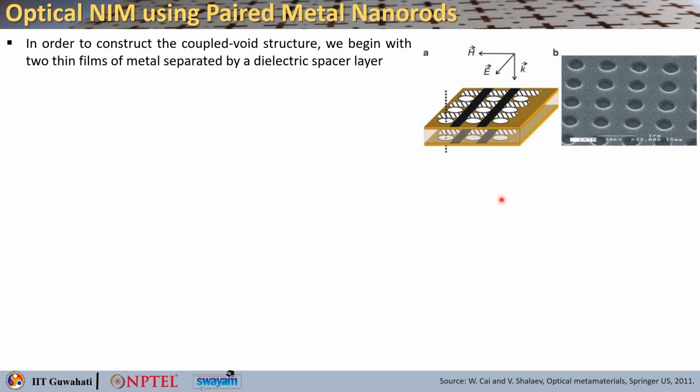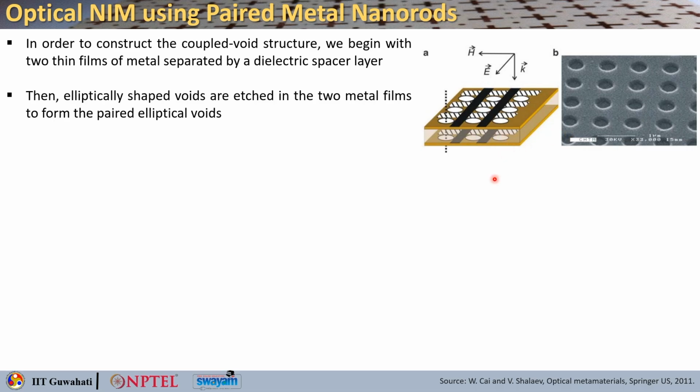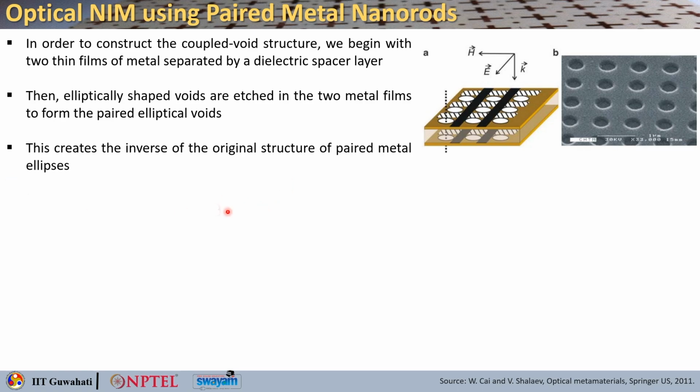In order to construct the coupled void structure, you need to begin with two thin films of metal which are separated by a dielectric spacer, and then elliptically shaped voids can be etched into the two metal films to form paired elliptical voids. So this creates the inverse of the original structure, which is paired metallic rods or ellipses.